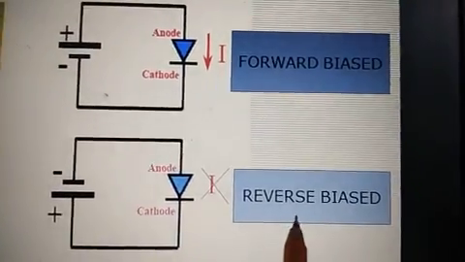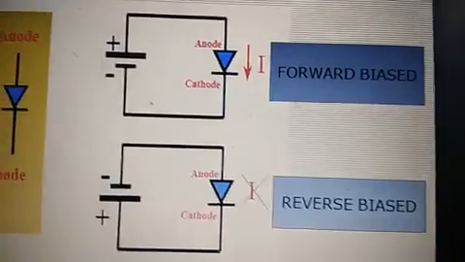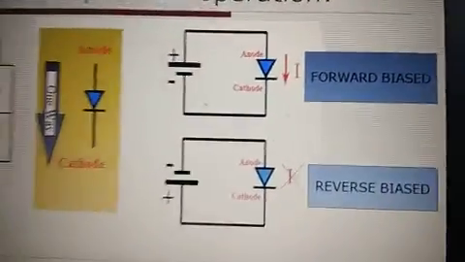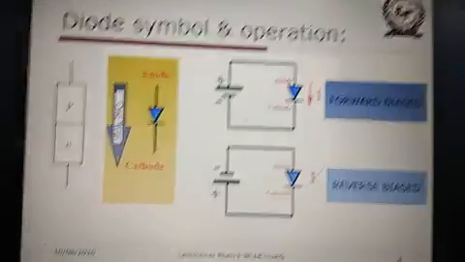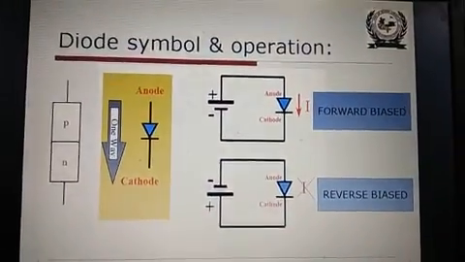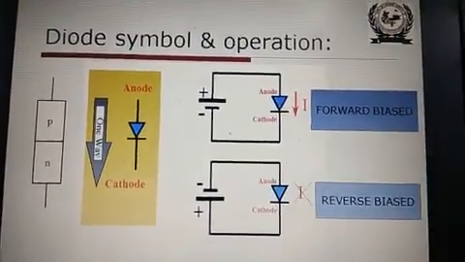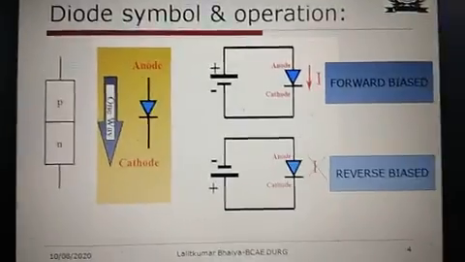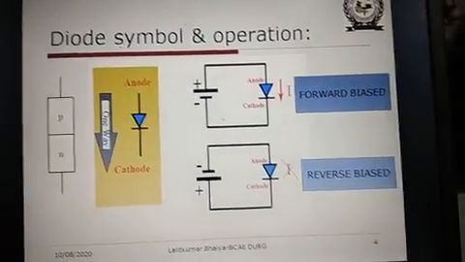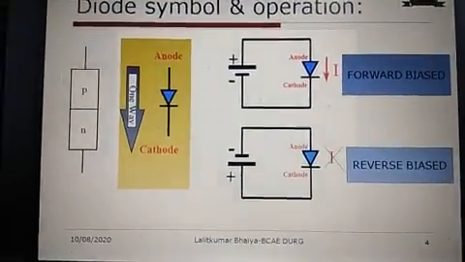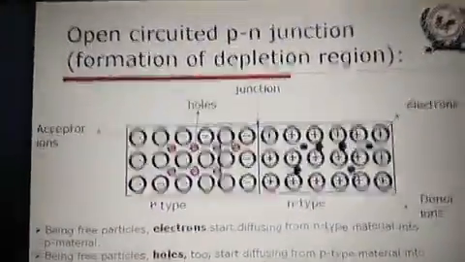This is called reverse bias, and no current flows in reverse bias. Only in forward bias does current flow. That's why it is called a one directional element. The current flows only in one direction, that is in forward bias, from positive to negative. So these are the fundamentals of the diode.